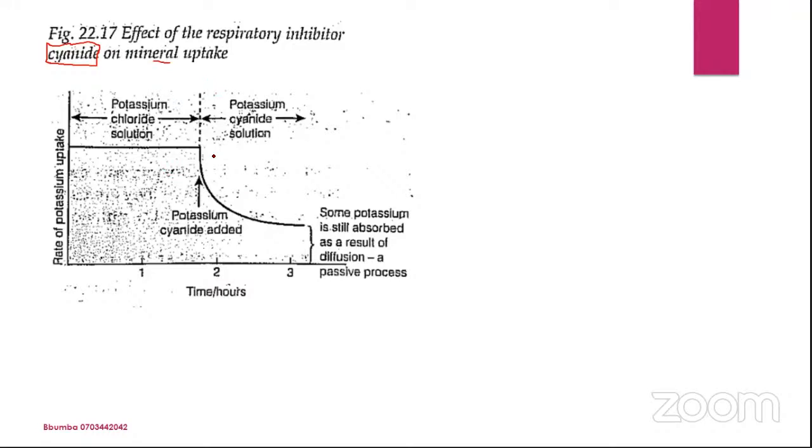Then you begin relating concepts, and even in your explanations you should always relate concepts. Here we have the rate of potassium uptake increasing upward, and on the horizontal axis we have time in hours. This is the rate of potassium uptake in a solution of potassium chloride.